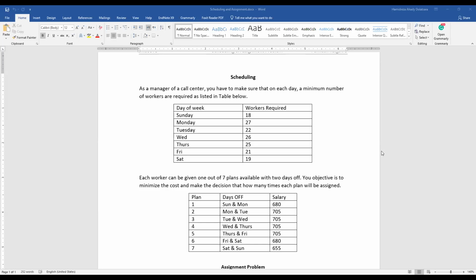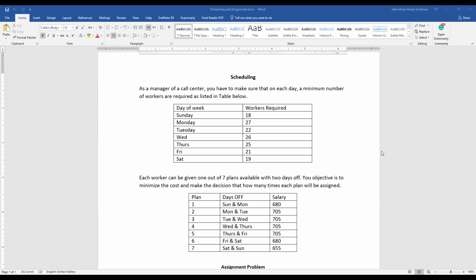So let's say for Friday, you need 21, and you get all of them from the first plan, whose days off are not on Friday, they're on Sunday and Monday. The money that you need to pay is 21 times 680.